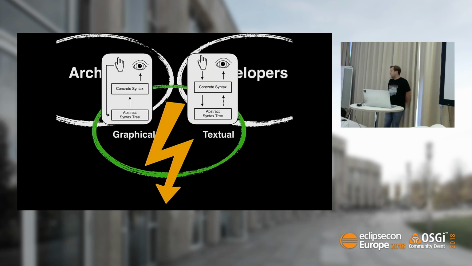Okay, where's the problem? The problem is exactly what you mentioned. We have an impedance mismatch between those two habits, or those two mechanisms of working with the models. So the impedance mismatch, as I already pointed out, is that you either edit the abstract syntax or the concrete syntax, and then in either case you get some quirks, difficulties, things that you have to work around, you have to adjust your habits.